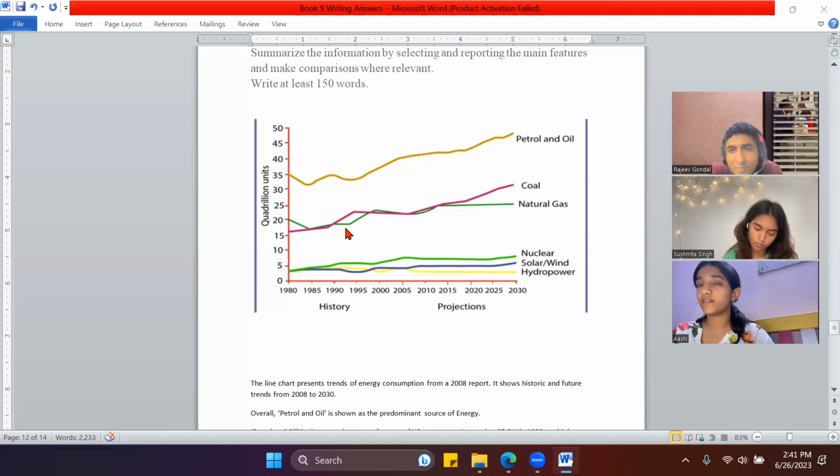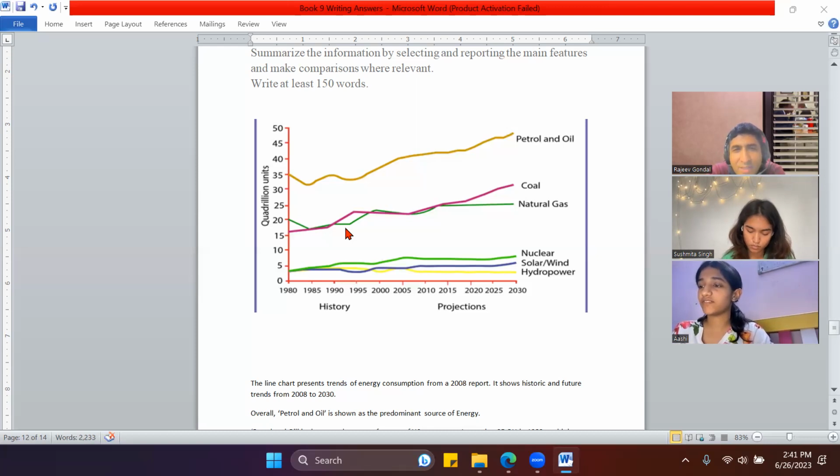And then in the second paragraph, the overall one, we can talk about the nuclear and renewable energies, whereas fossil fuel have been the dominant type. We can relate to that. We have not thought a lot about it.